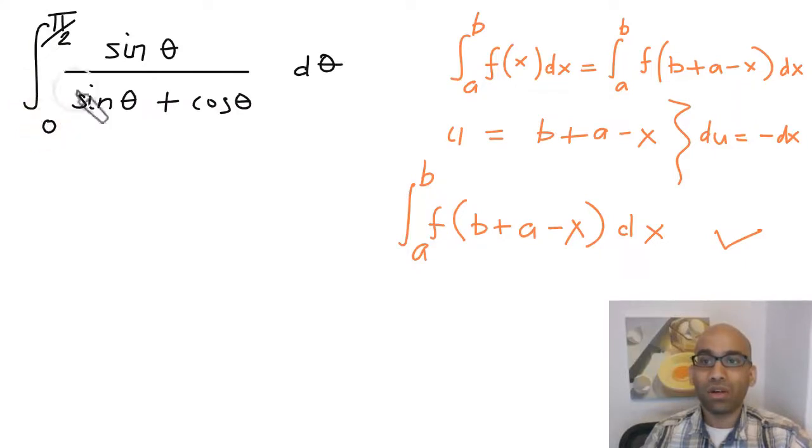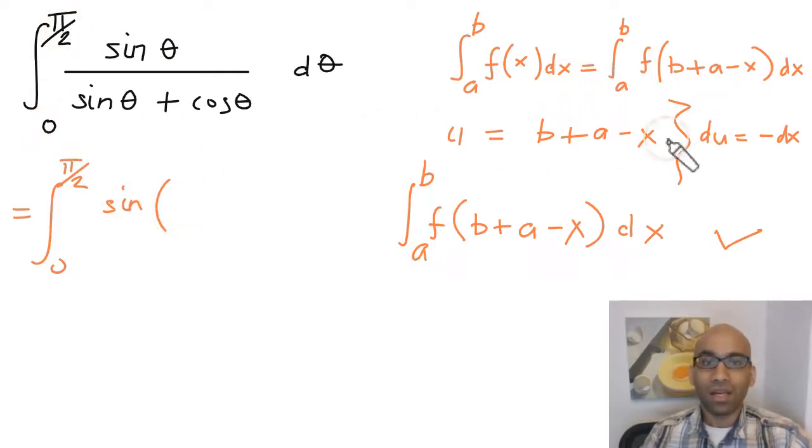We've got the integral of sine theta divided by sine theta plus cosine theta from 0 to pi divided by 2. And now we are just going to use the King's rule, and we write down 0 to pi divided by 2 sine of, remember here we've got 0 equal to a and pi by 2 equal to b.